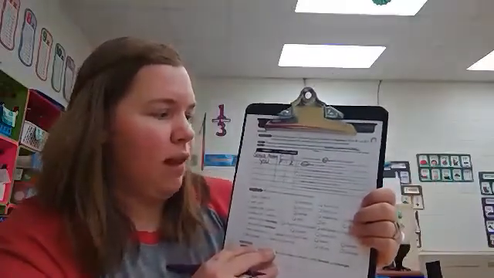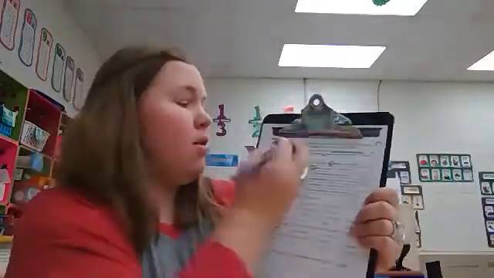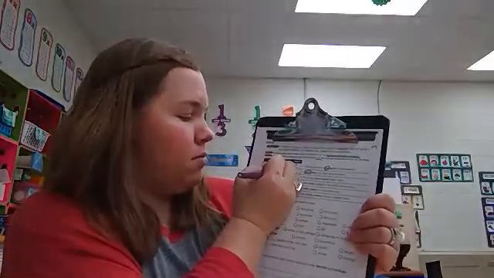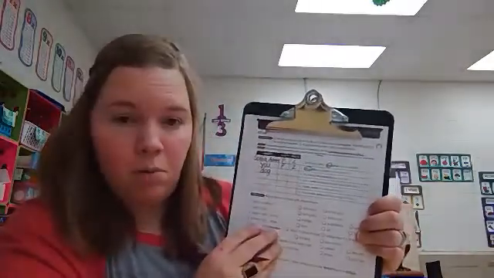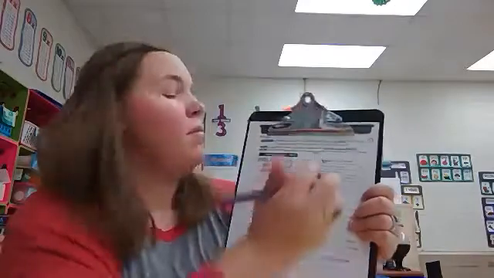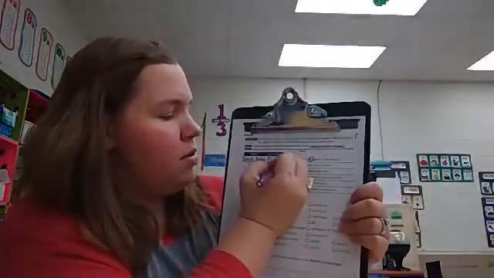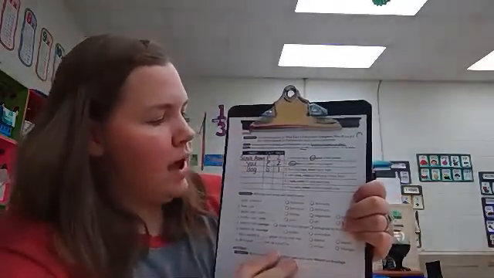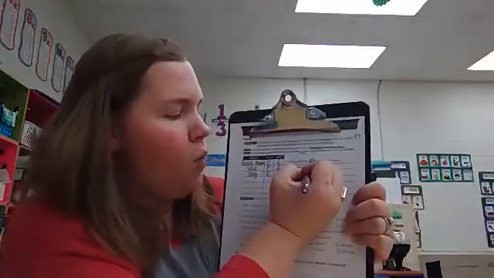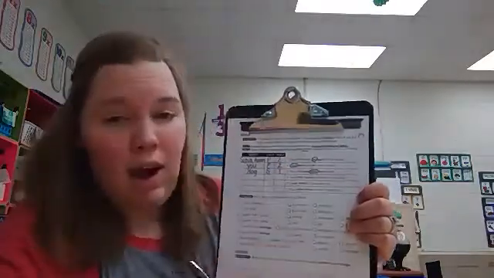Number 3, that dog howl or howls every night. The subject is dog. Is dog singular or plural? Singular, there's 1. That dog howls every night.